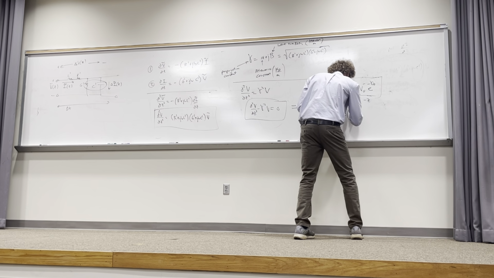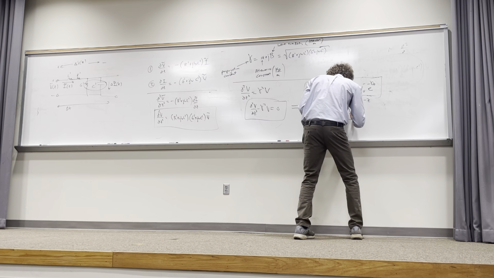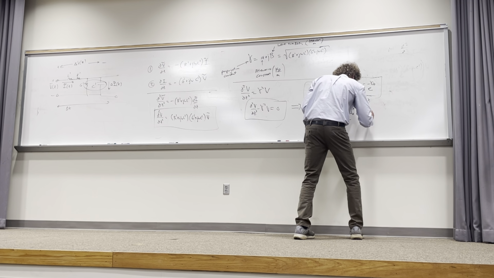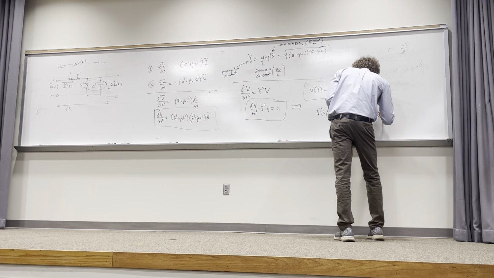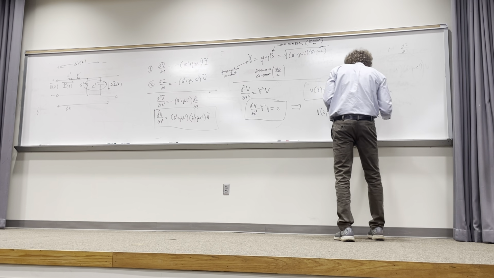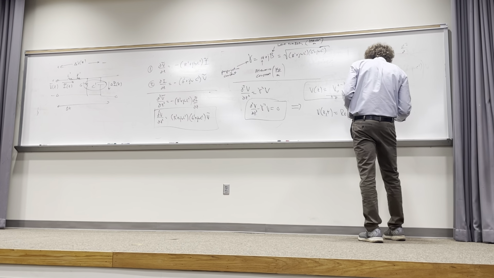So this is going to be the real part of V0 plus e to the minus alpha z, e to the minus j beta z, times e to the j omega t, right? Because I have to bring in e to the j omega t.